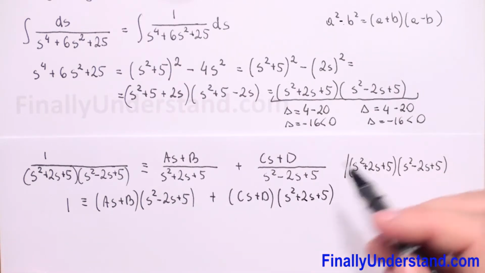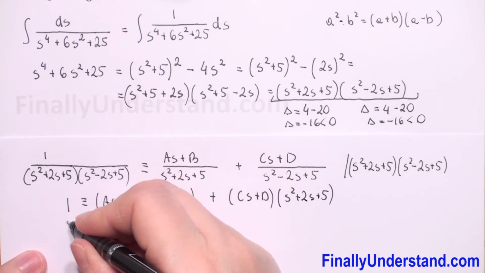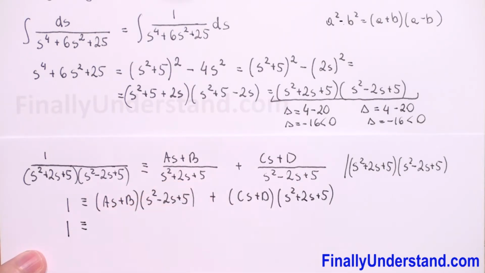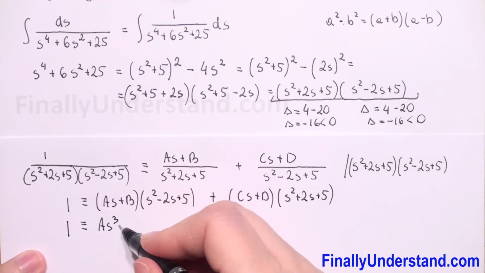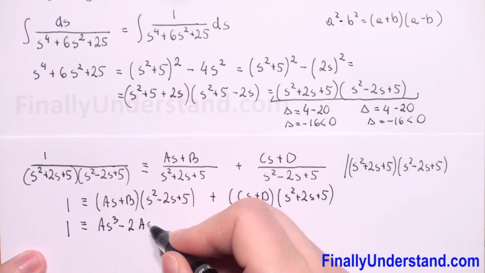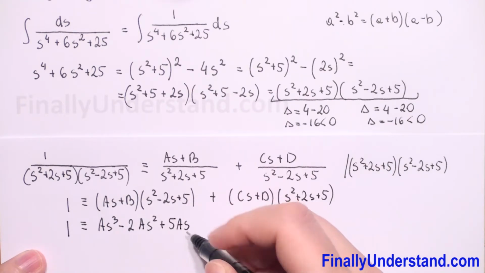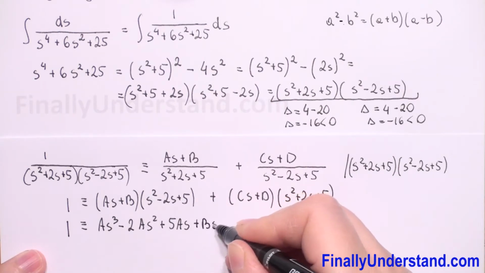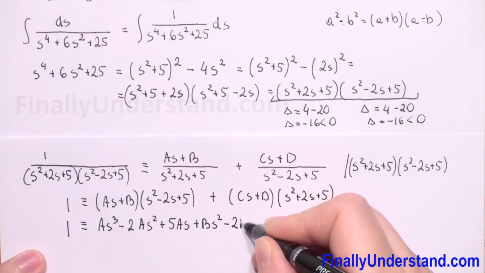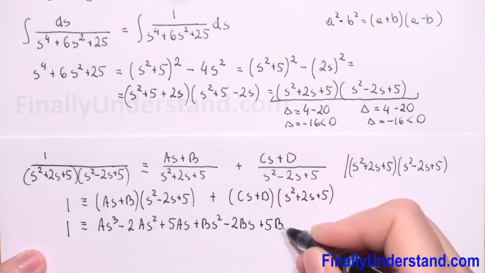So now we have to do multiplication. So on the left side we have 1 is identically equal to, we will have as cubed minus 2as squared plus 5as. Now will be plus bs squared minus 2bs plus 5b.